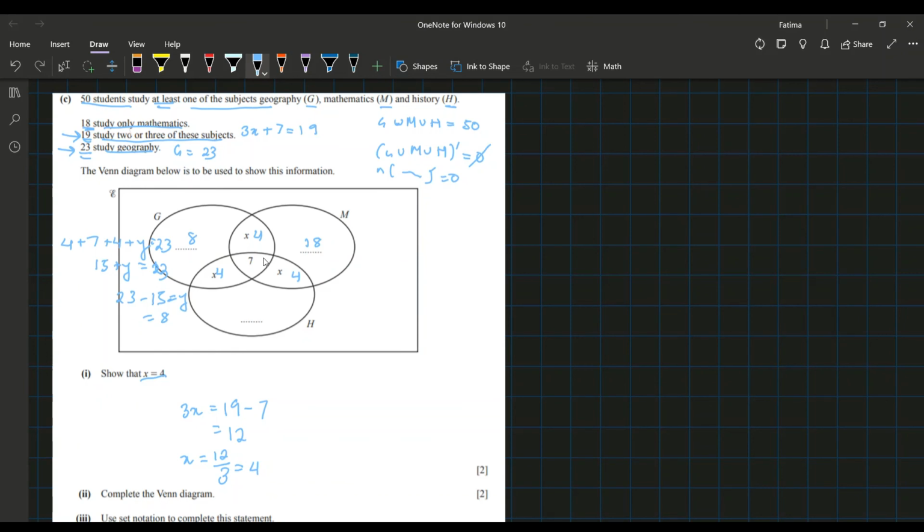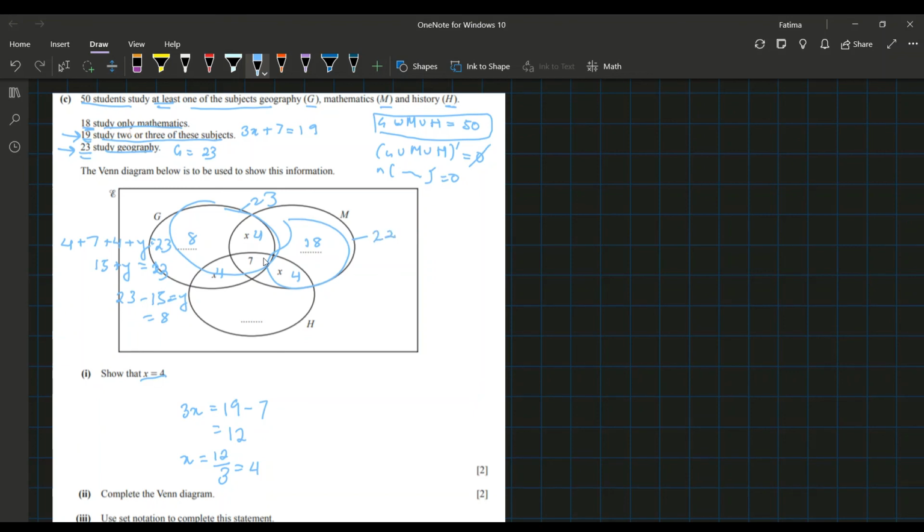And now we know in total that there were 50 students that had to study at least one of these subjects. So using this equation which I've written over here, we know first of all that this entire region is 23. This would be 18 plus 4, which is 22.